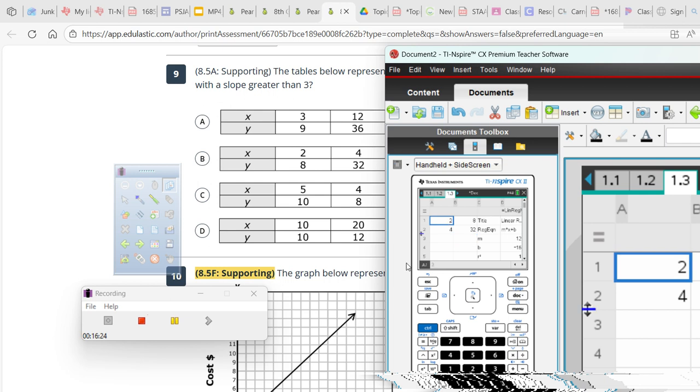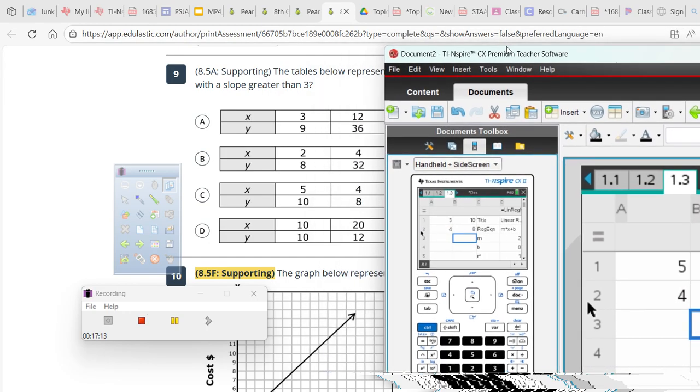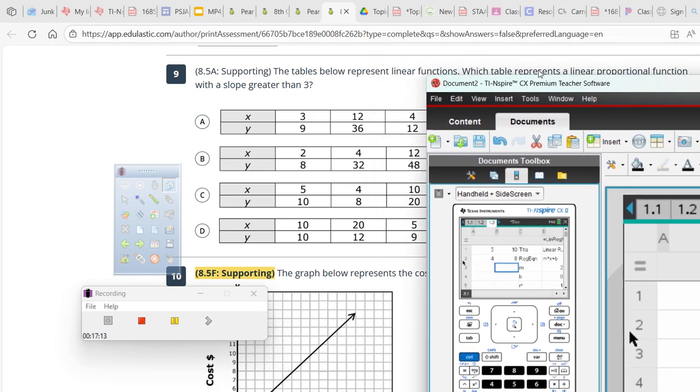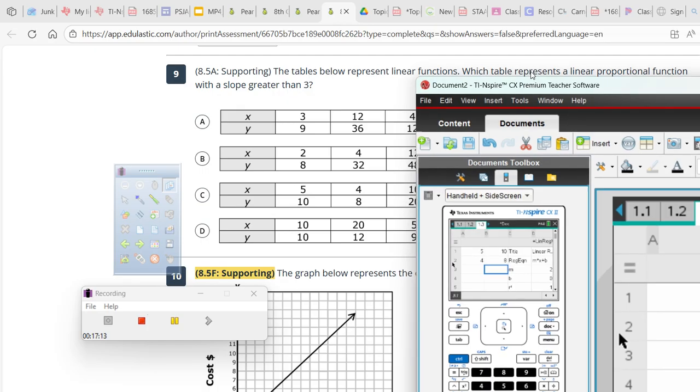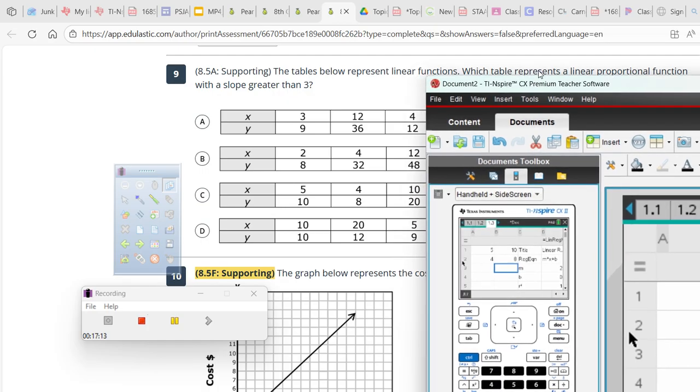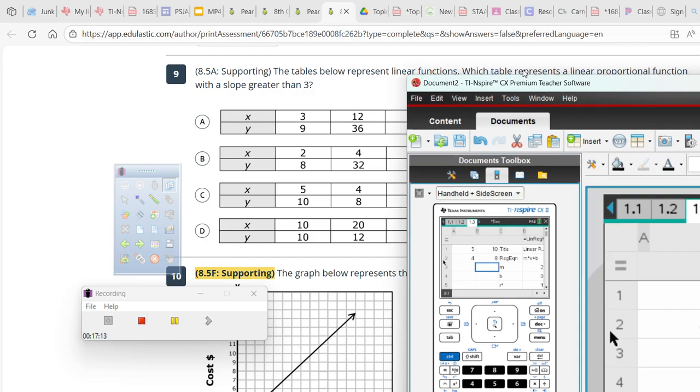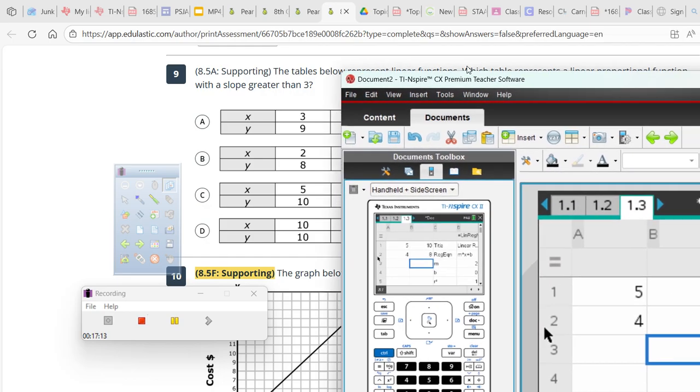Again, 5, 10, 4. I don't see which one it is.